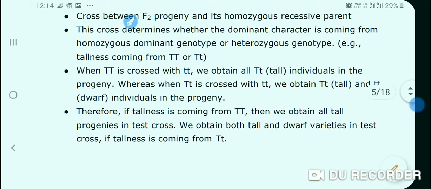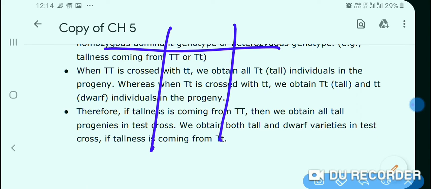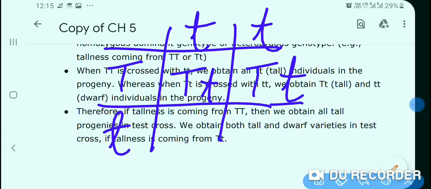Let us see. The recessive parent is small t, and here we take any one of the F2 plants. Suppose we take this, what would happen? This is capital T, small t, this is again capital T, small t, and this is small t.